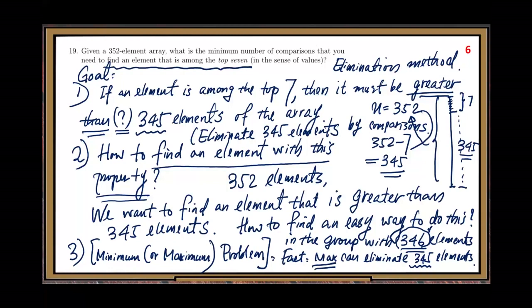This maximum is greater than at least 345 elements in the array. It is a partial maximum, not a global or absolute maximum, since it only covers part of the elements.